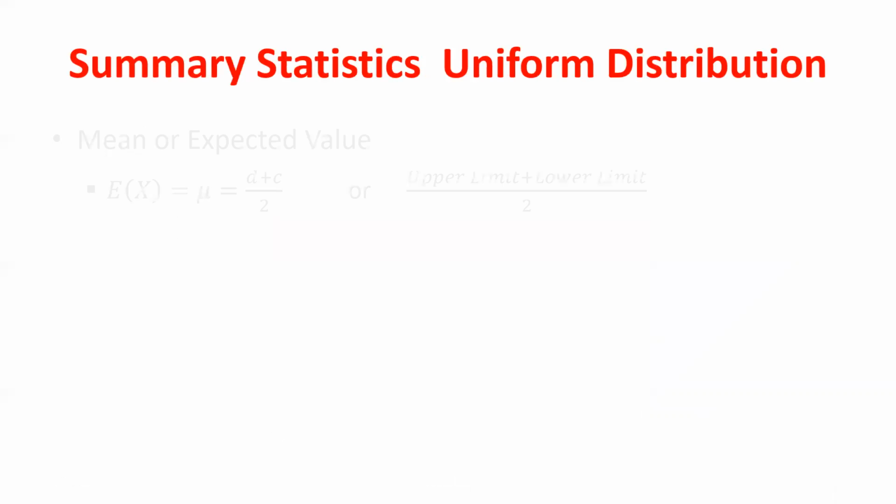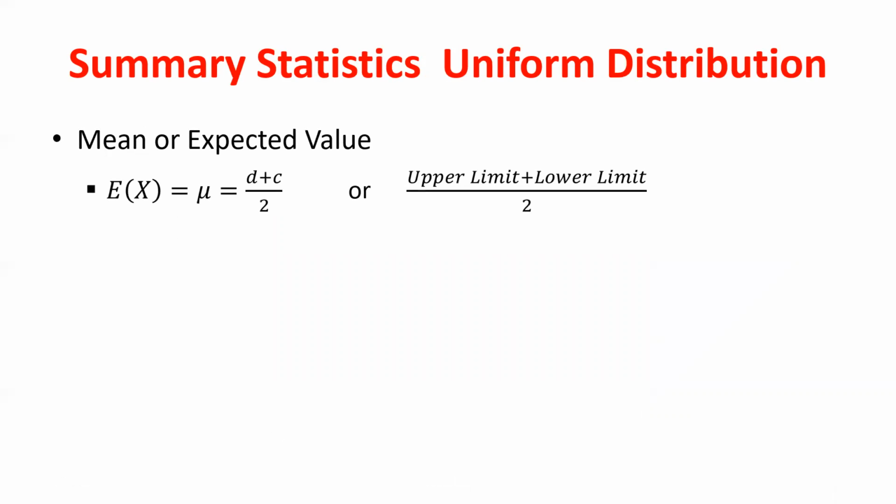Some summary statistics. If I want the mean, remember when I showed you another way to think about the mean was that everything was being weighted 1 over n. So in the original mean calculation, we're treating everything as though it's equally likely. If everything's equally likely in the uniform, all we have to do is say, where's the middle point between the minimum and the maximum?